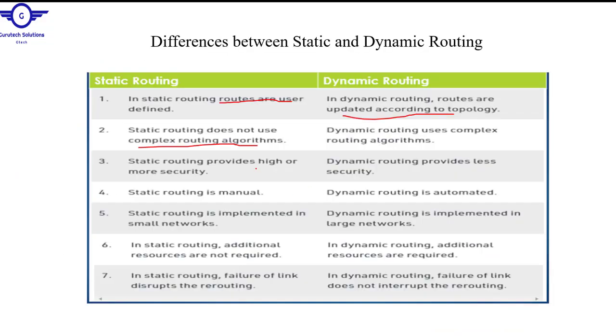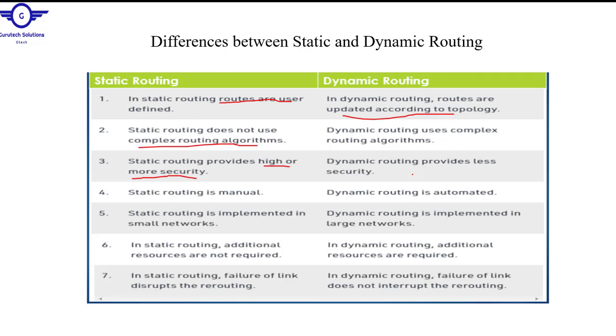Also, static routing provides higher security. Just like I have said, you only specify the network that you want your router to know. But a dynamic one discovers everything and forms neighbors so long as that router matches the dynamic routing configuration.